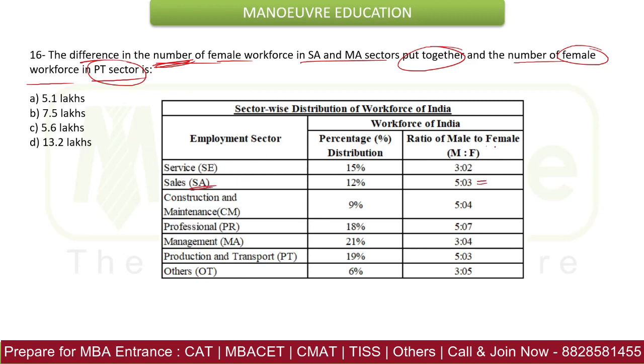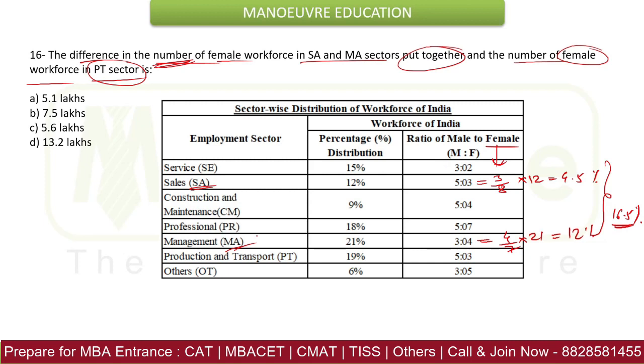In sales sector it will be 3 by 8 into 12, that will be 4.5%, and in MA management sector for females it will be 4 by 7 into 21, that will be 12%. So together this will be 16.5 with respect to females.